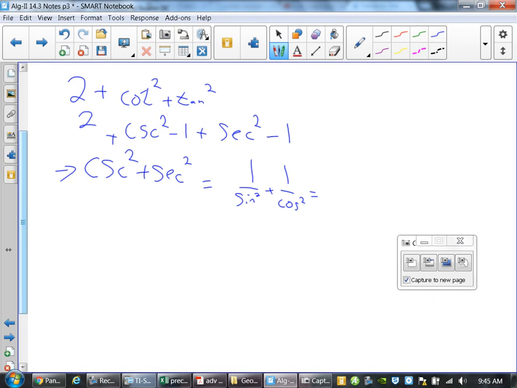So from here, you still got to go to the common denominator to get cosine squared plus sine squared over sine squared cosine squared. And that's how the numerator becomes 1. Denominator is cosine squared sine squared, which you reciprocal it, and cosecant squared, secant squared.